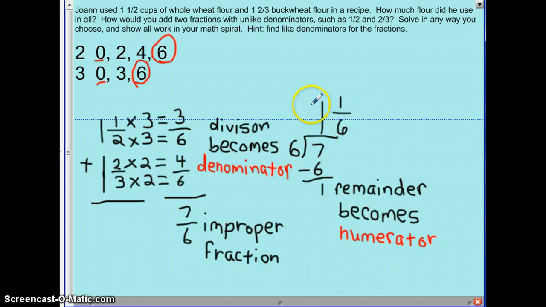Okay, so I have 1 and 1/6 for this right here. So I leave 1/6, and I take the 1 and put it over here, and now I have 3 and 1/6. So that's the answer to my problem. That's how much flour I needed.